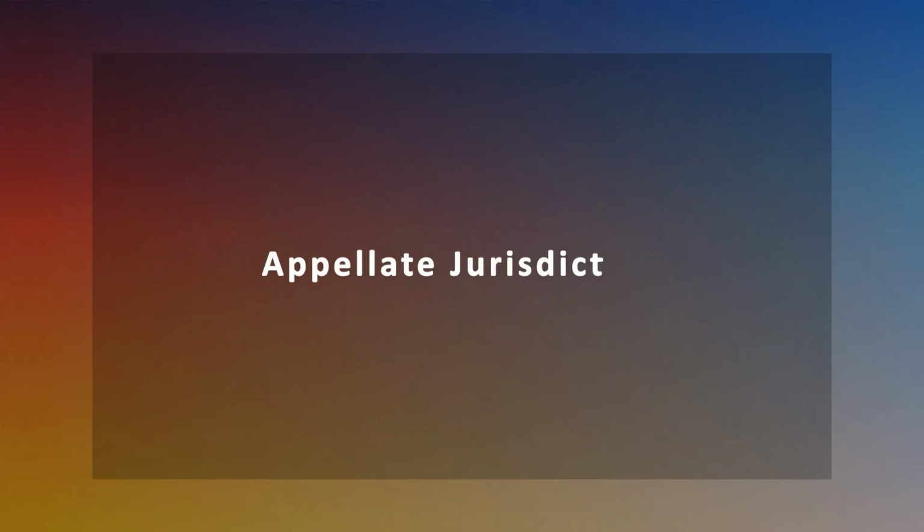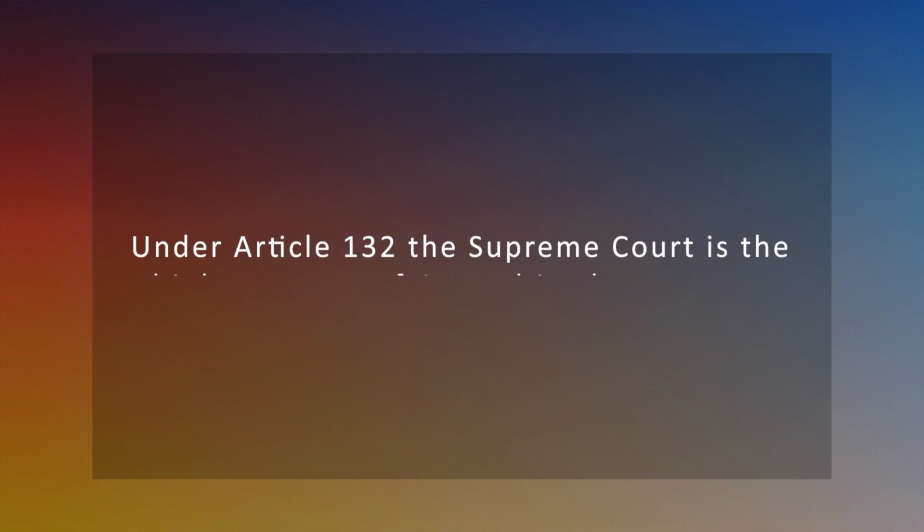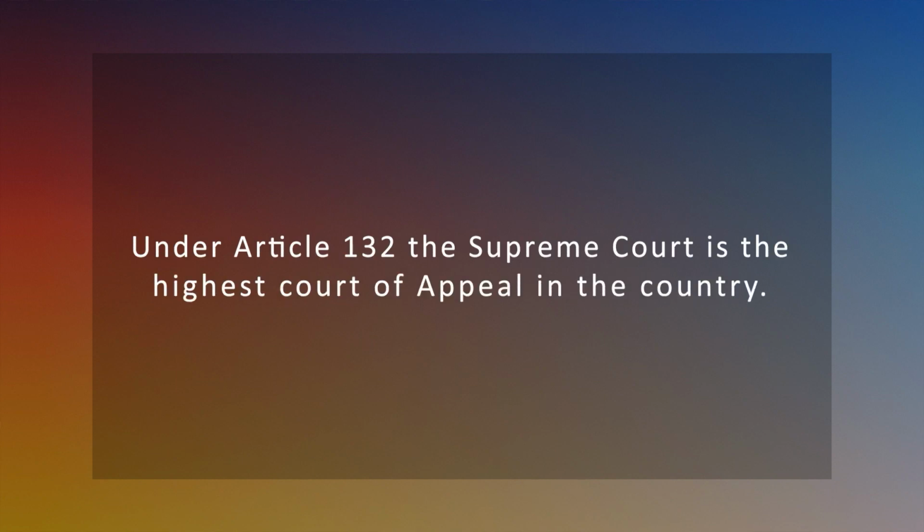Now coming to the appellate jurisdiction. Under Article 132, the Supreme Court is the highest court of appeal in the country. The writs and decrees of the court run throughout the country.